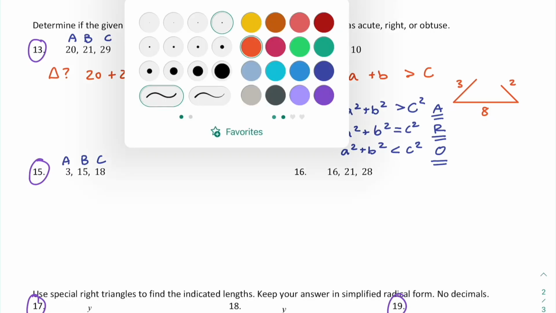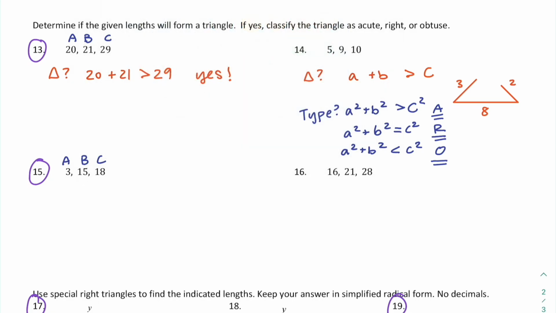Then we are testing the type, and you can use your calculator to help you on this. So what is the type? 20 squared plus 21 squared is related to 29 squared. We don't know how yet, so I draw in that box, and we'll fill in the inequality in a second.